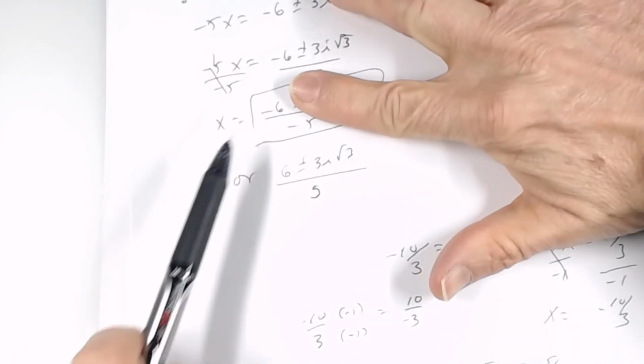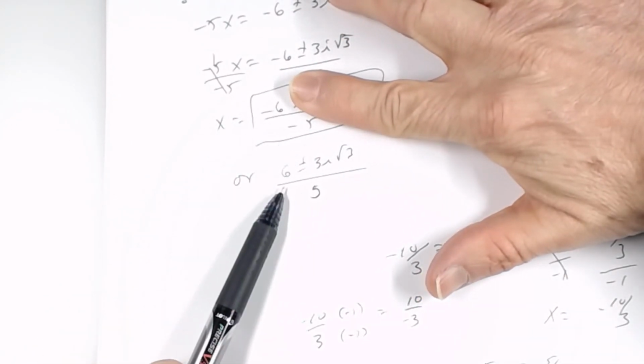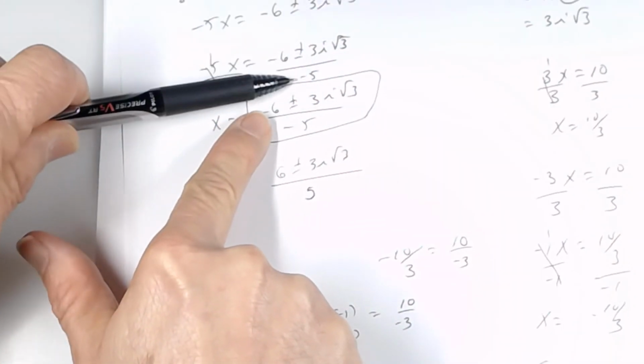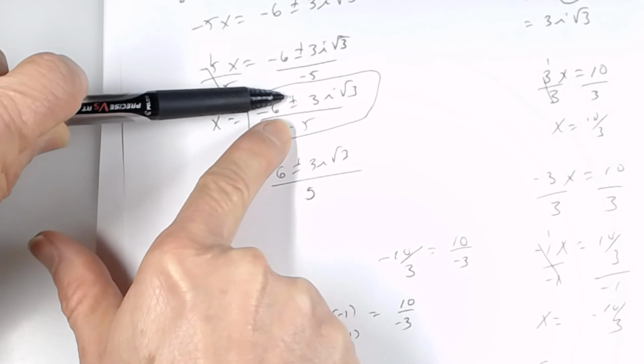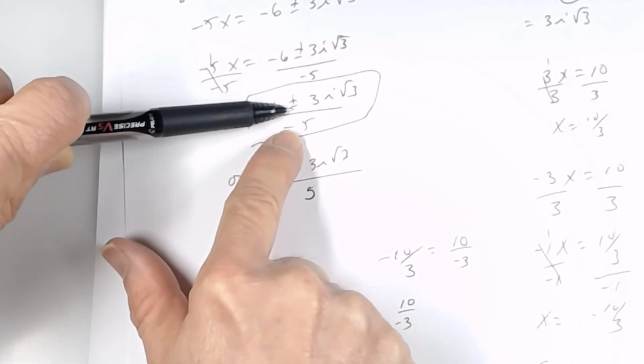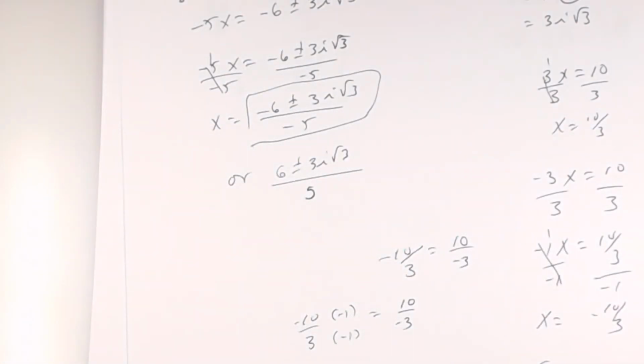So cover this part right here. Is negative 6 divided by negative 5 the same thing as positive 6/5? Yeah. Over here, a positive divided by a negative is what? Negative. So there's a negative right here. A negative divided by a negative is positive. So plus or minus divided by negative is still going to give you a plus or minus.